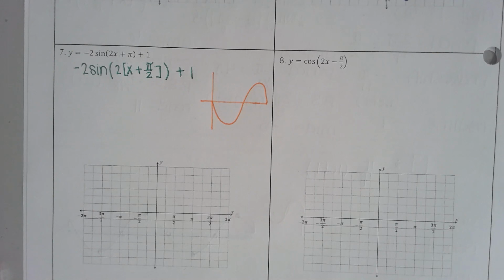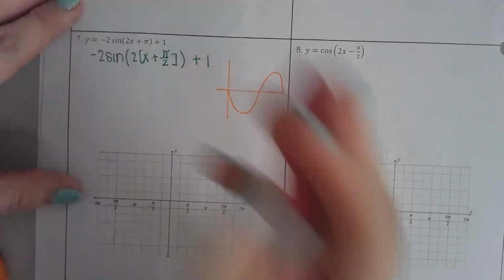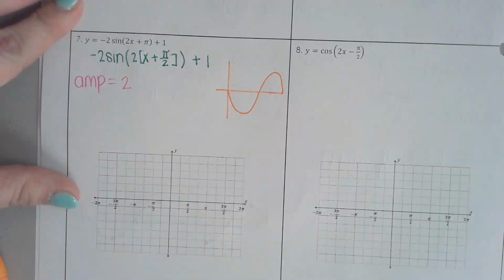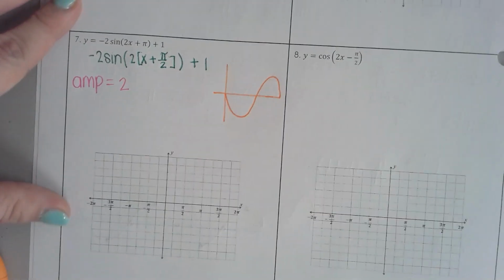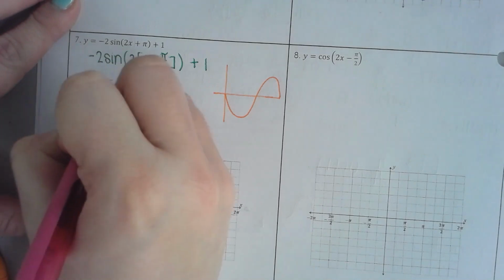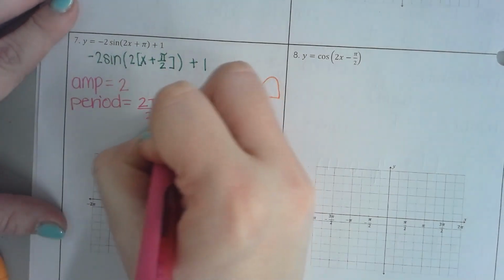That negative kind of makes this one upside down. So instead of having a max first and then a min, it's opposite. You have a min and then a max. Okay. So the amplitude is 2. My period is 2 pi over 2, which is pi.